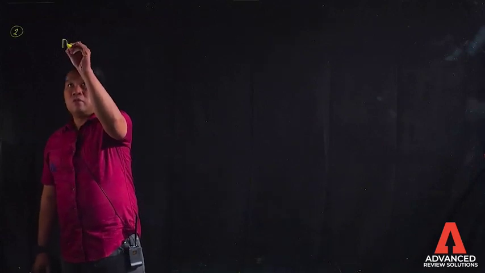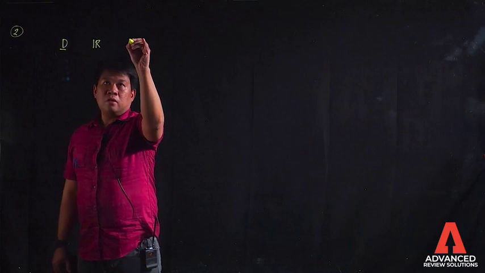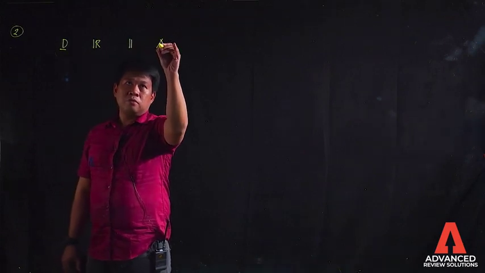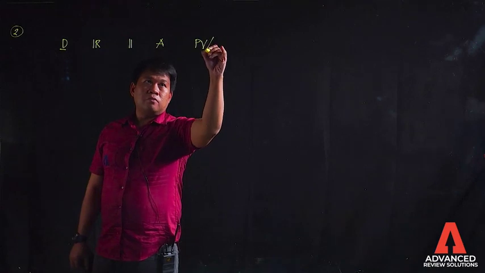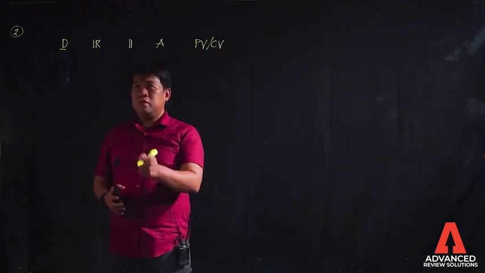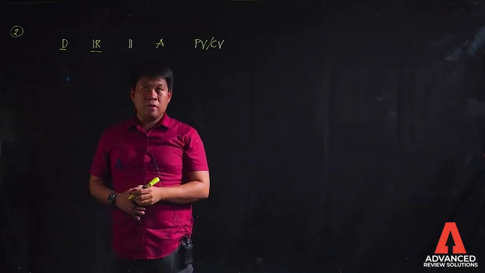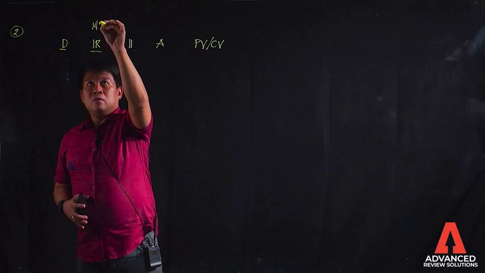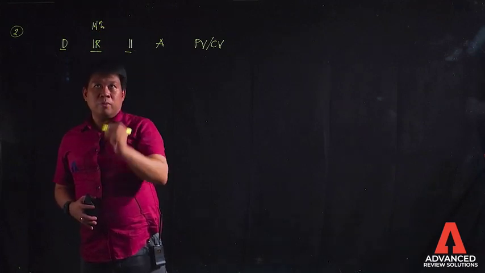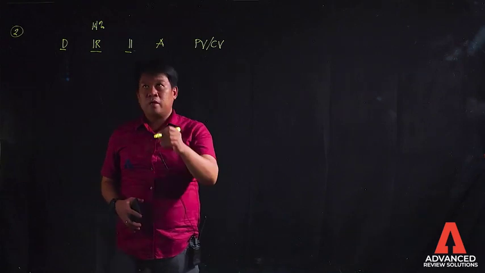So this is your date, no? This is again your interest receivable, interest income, amortization, present value, and carrying value. So this interest receivable will be based on the stated rate, and the stated rate in problem 2 is 14%. While this interest income will be based on the market yield or effective rate, which is 10%.